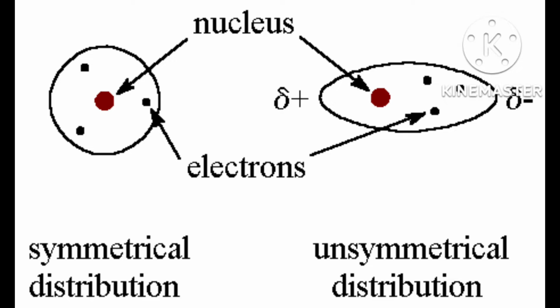Atoms and non-polar molecules are electrically symmetrical and have no dipole moment because their electronic charge cloud is symmetrically distributed. That's why no charge, non-polar.